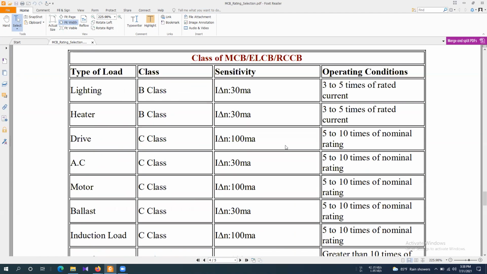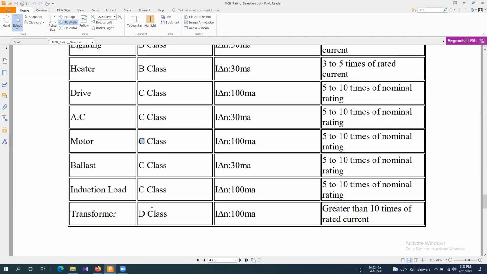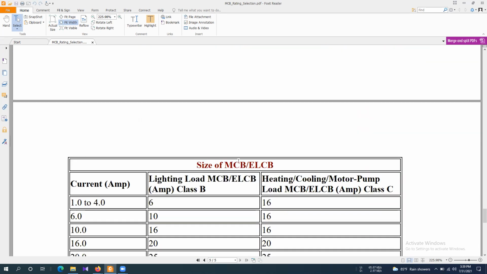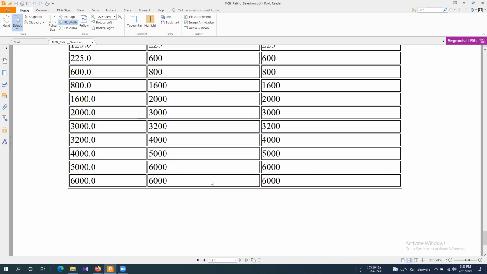These are generally practice tables. Also, the types of classification are given here. If it is a light type of load, then a class B type of MCB is required. If it is an AC motor, then you need to go for a higher class, class C type of MCB is required. So just go through these things. Okay, this is the table 3.